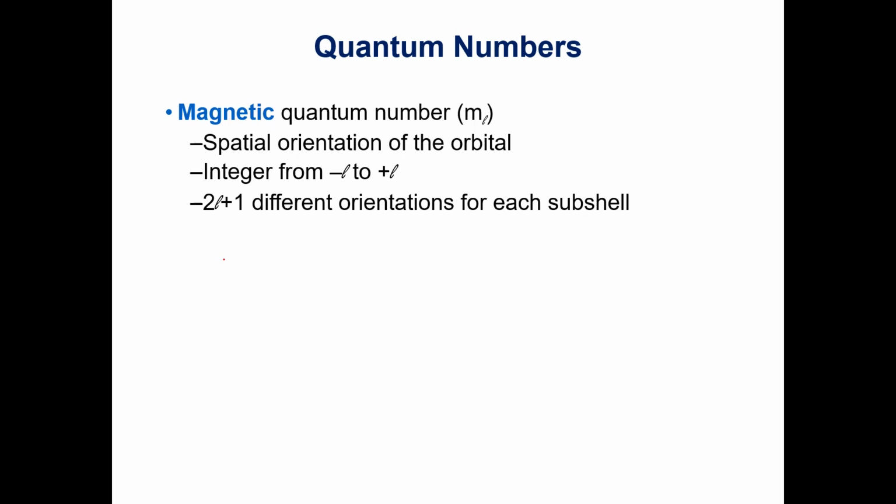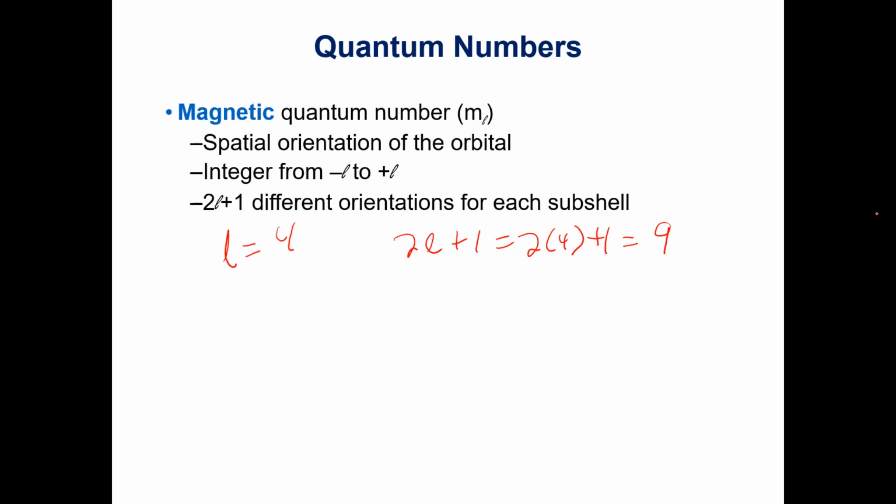So for example, if L is 4, that means 2L plus 1 is 2 times 4 plus 1. So 2 times 4 is 8 plus 1 is 9. So there are 9 different orientations for L equals 4 for each of those subshells.